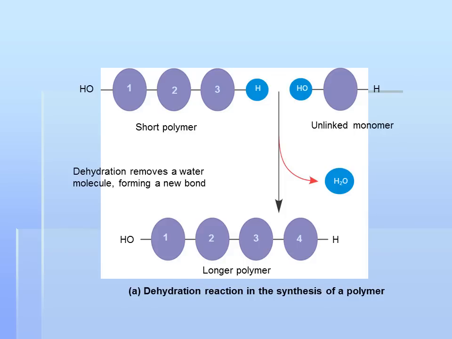And on the upper right-hand side, we have one unlinked monomer that needs to be connected. Through this dehydration reaction, that hydrogen atom and the hydroxide group on the other side are going to leave and produce a water molecule, which is going to link that entire chain together, and that's going to help us build our big polymer or our big macromolecule.